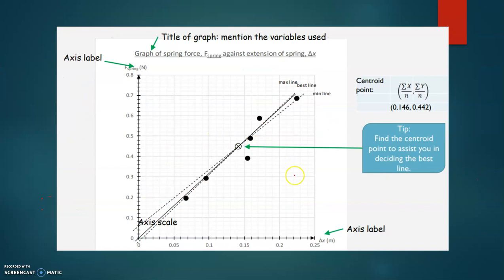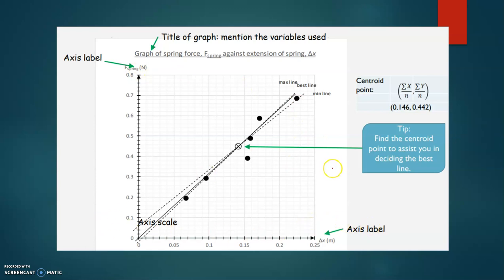This is the main information of the graph that you should include when you are plotting the graph. Firstly, the title of the graph, the label of the y-axis, the label of the x-axis, and the scale.